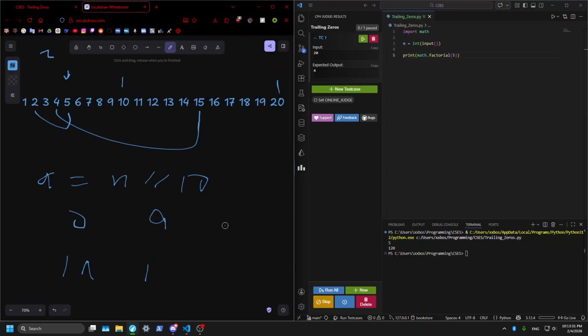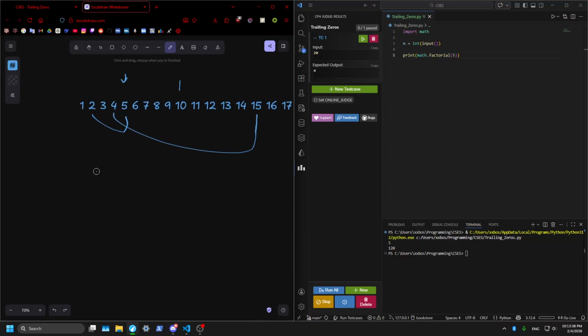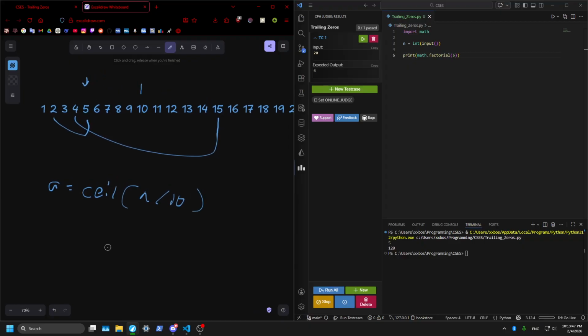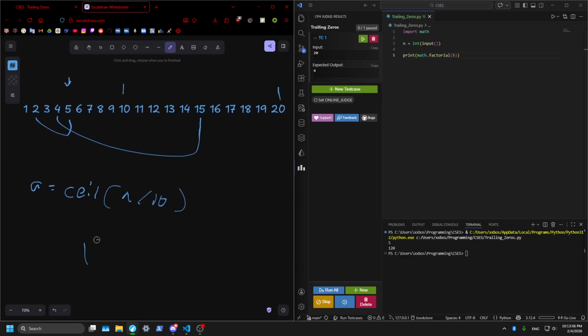Sorry, it's not floor, it's ceil. A equals n divided by 10. So 9 is 1. That's not true though. 19.